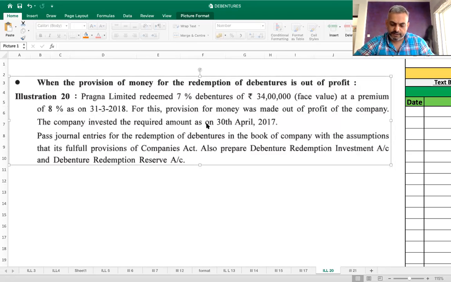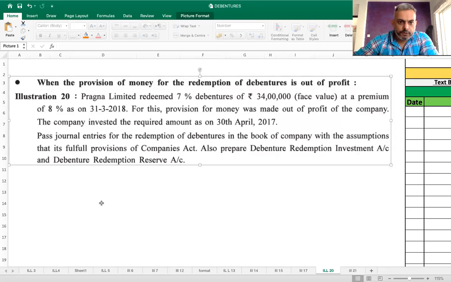The only difference is that now, instead of transferring 25% of the face value of the debentures redeemed, we will transfer 100% of the face value of debentures redeemed to debenture redemption reserve. So this is one of the main differences. Rest all entries remain the same. So let's start with the sum.